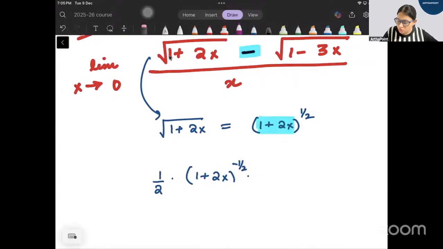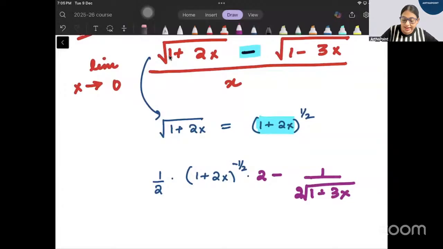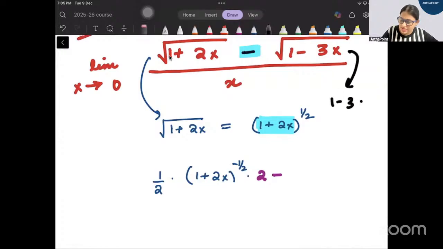So into 2, right? Similarly, if I differentiate this, this will be 1 by 2, 1 minus 3x under root, into, you always differentiate whatever comes inside. If this becomes difficult, please write this part as this. This will always make things simpler for you.